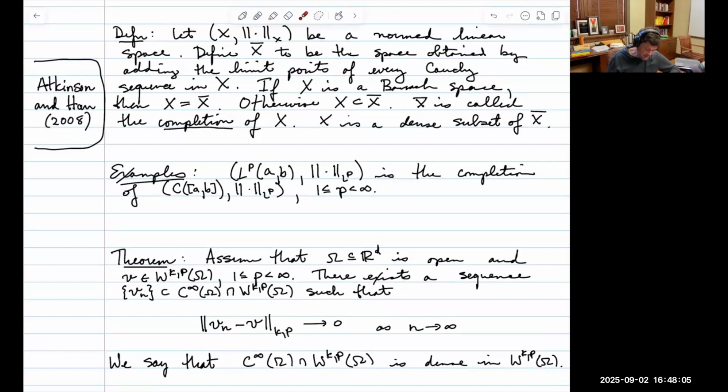Here's another very, very famous example. The L^p spaces under the L^p norm turn out to be the completion of continuous functions under the same norm. And that means that these functions are dense in this space as well. The L^p functions with the L^p norm are just the completion of continuous functions under the same norm for all p between 1 and infinity, but not including infinity?